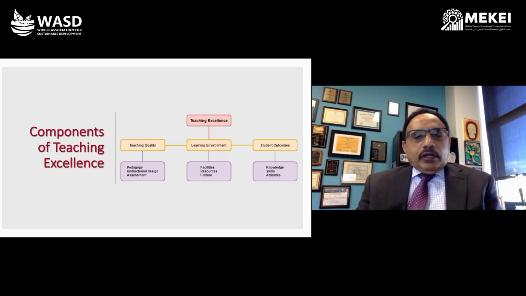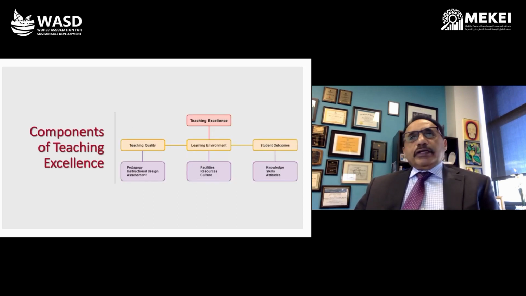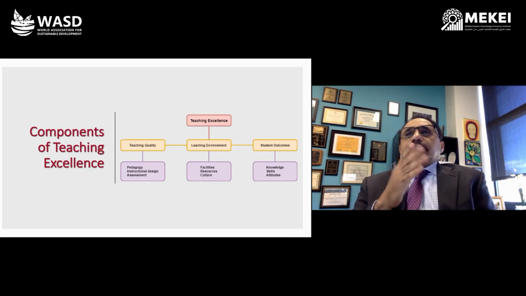Now, what are these components? So the components are three: the teaching quality, the learning environment, and student outcome. So with that, then you need to think about, okay, what's in the teaching quality?